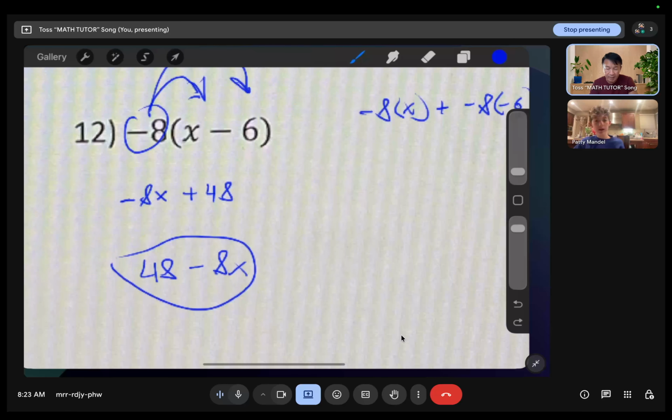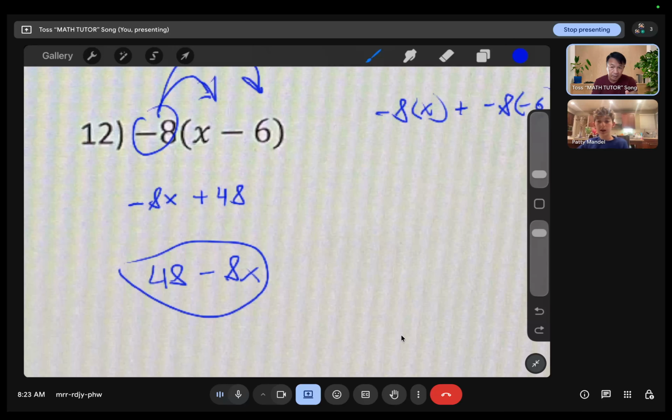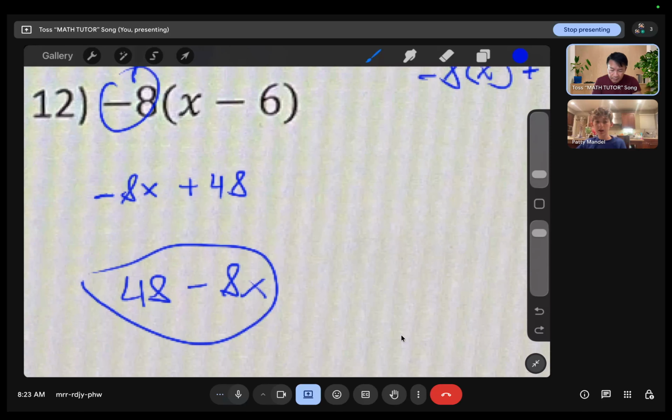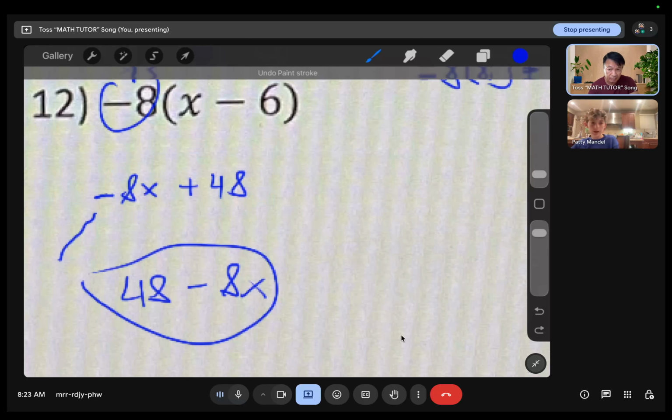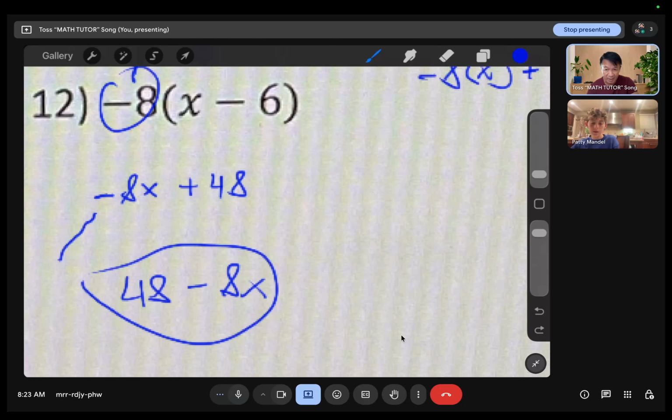Why is it? Because most students will write this as the answer. It's actually quite acceptable. It's perfectly acceptable. But in a computer, they don't like to see the negative being first in the series of things. So they would flip it, or use the commutative property, to write it in the back so that it's cleaner looking.